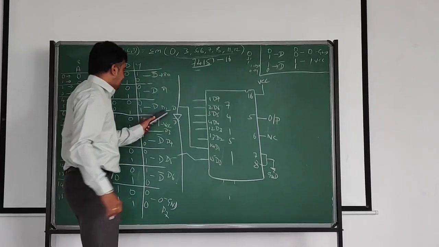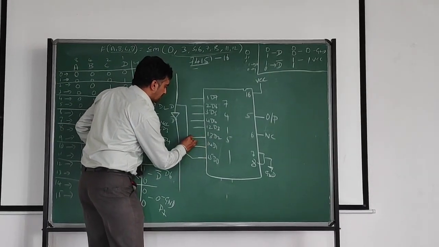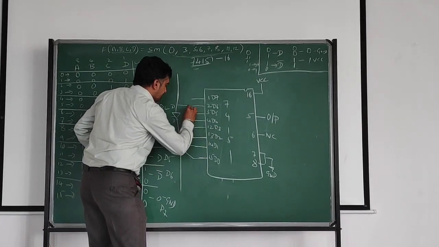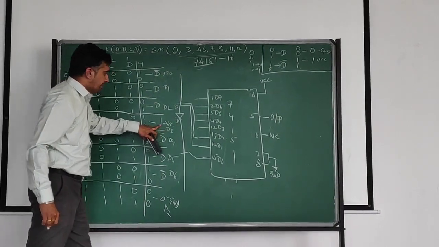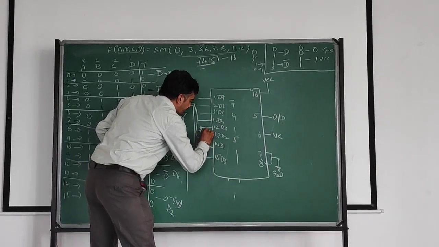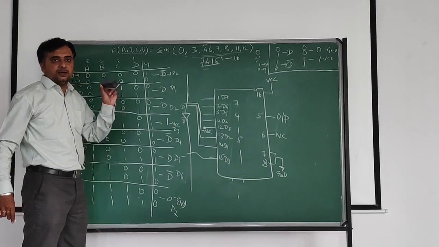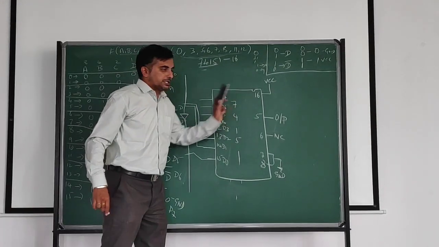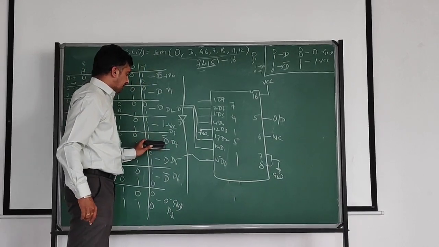Next, D2 is also connected to D. Clear? Next, D3 is connected to 1. 1 indicates VCC, right? High. We have to connect it to pin number 16. Next, D4 should be connected to D bar.